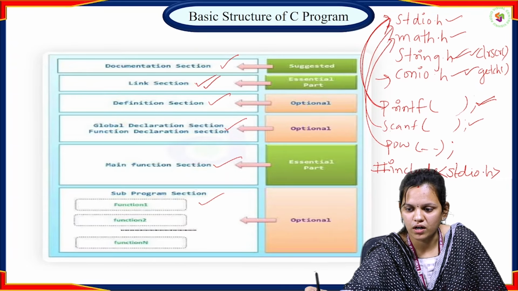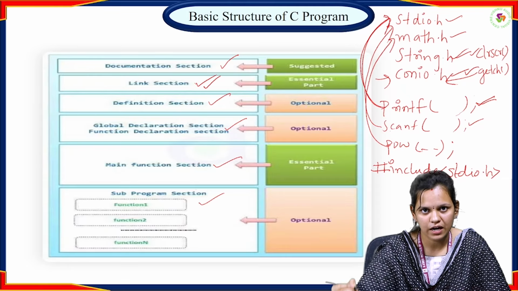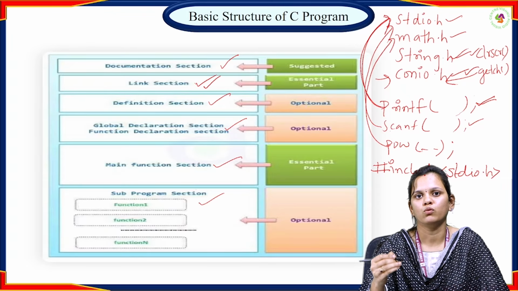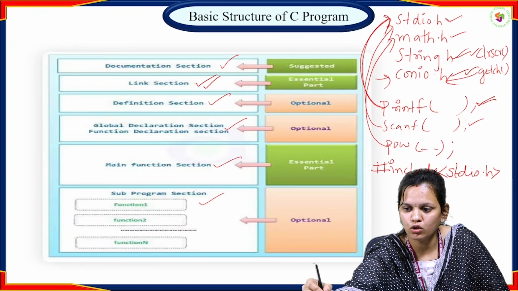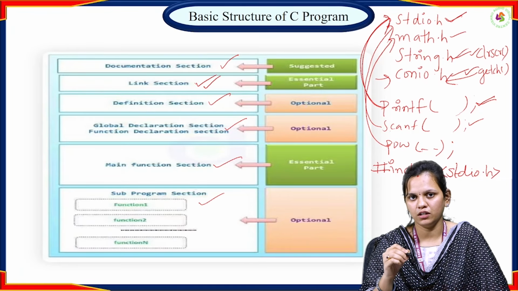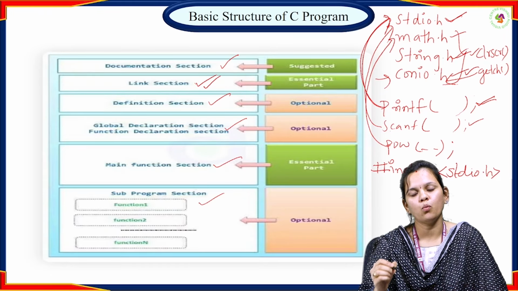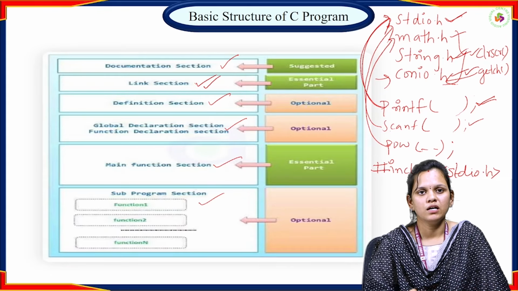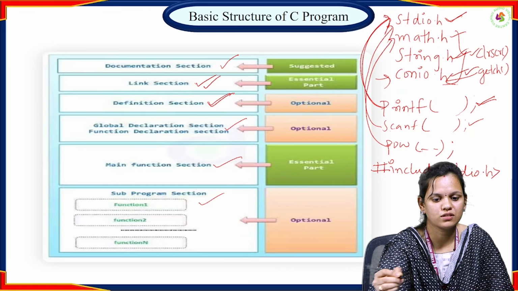These two functions are related to conio.h. All these header files must be included while you write the program, but stdio.h is mandatory. The other header files are written whenever they are required. This is about the link section, and next is the definition section.